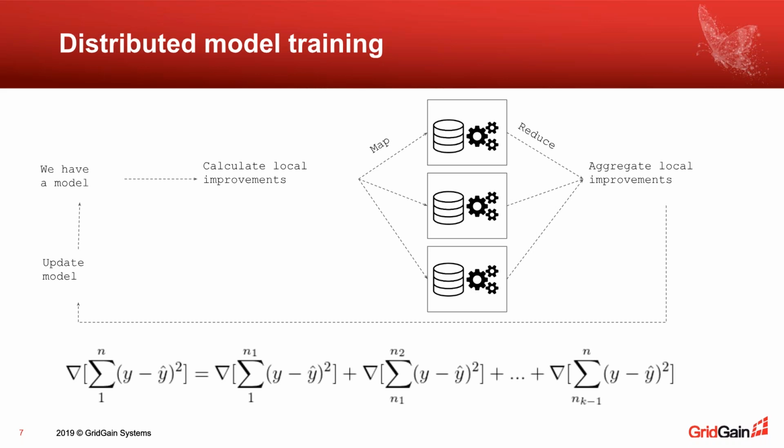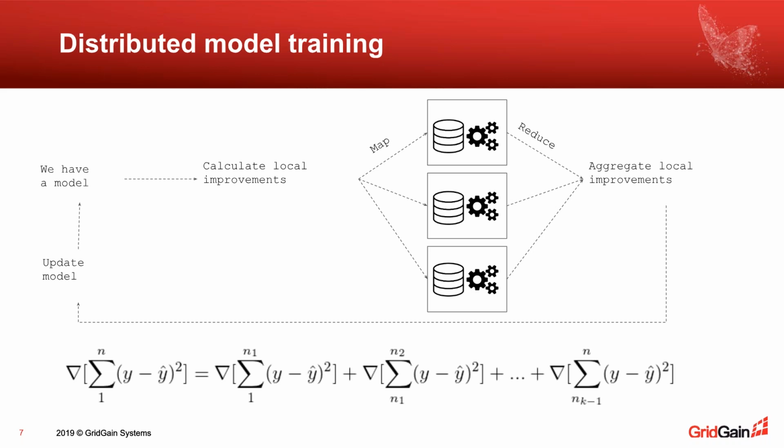After that, we want to calculate some local improvements. In that case, it's a gradient of the loss function. This function shows how far the answer of our model is from the right answer. And our task is to minimize this function using the whole data that we store in our cluster.